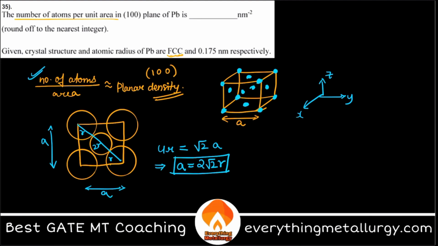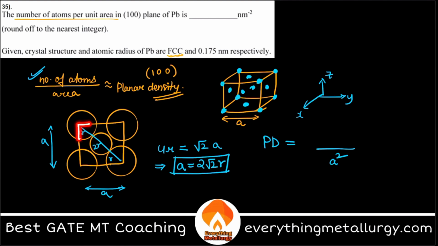Now coming to this plane again, how many atoms do we have? Planar density PD is equal to the number of atoms divided by the area. The area is clear because it is a square and the side length is A, so the area is A square. But what about the number of atoms? If you carefully see, we have one complete atom and 4 atoms of which only 1/4 is occupied in the plane, right?